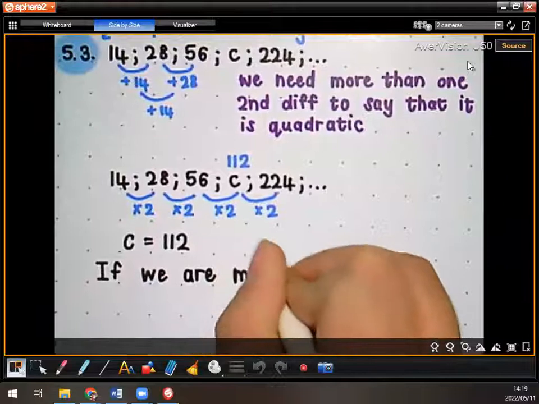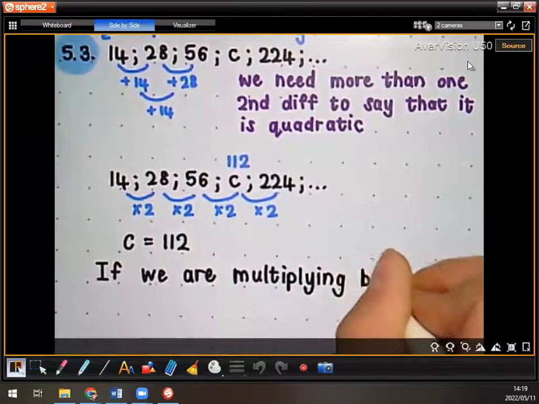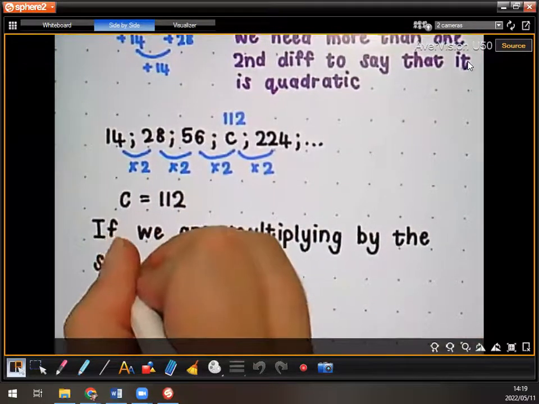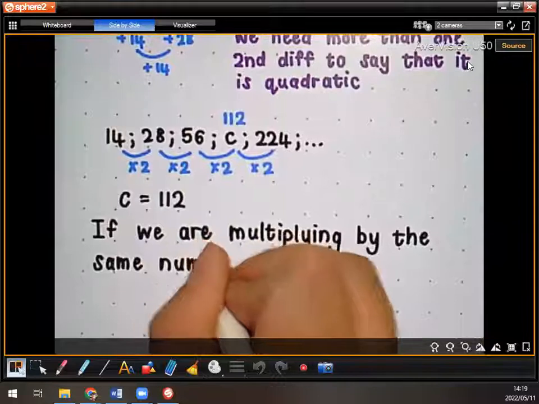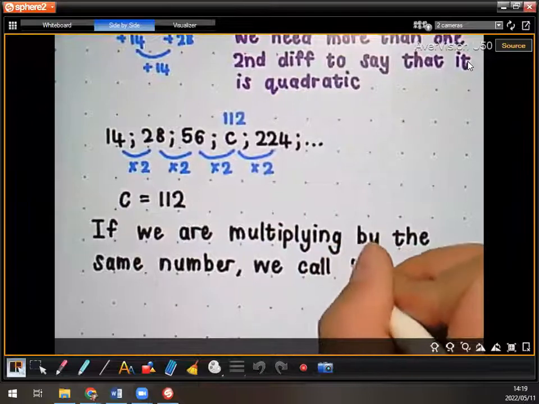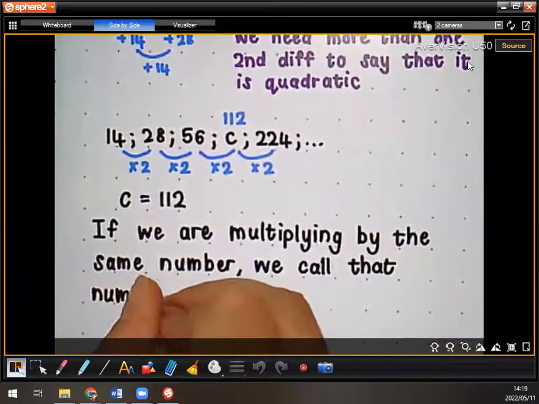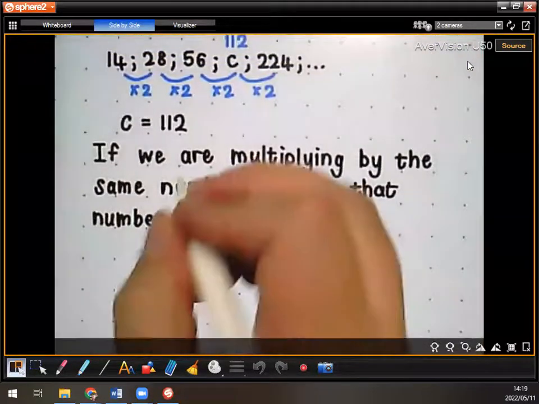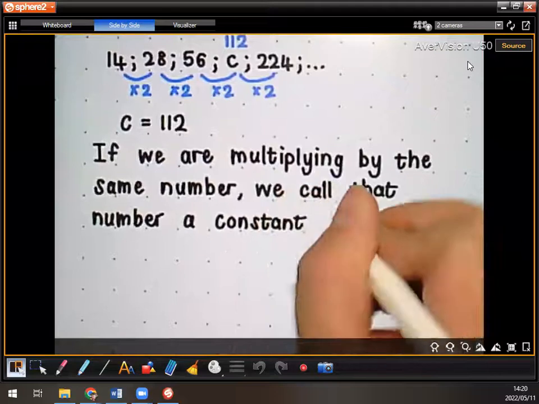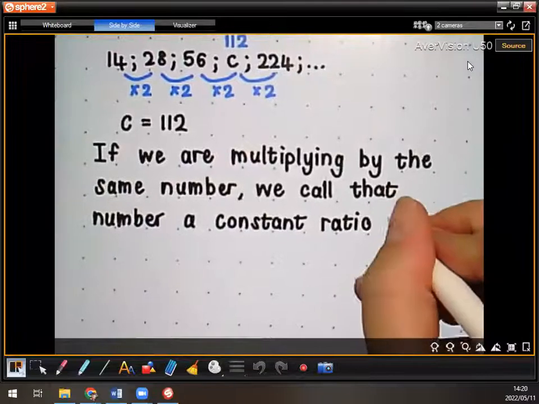If we are multiplying by the same factor, we call that number a constant ratio, put in brackets that is r.